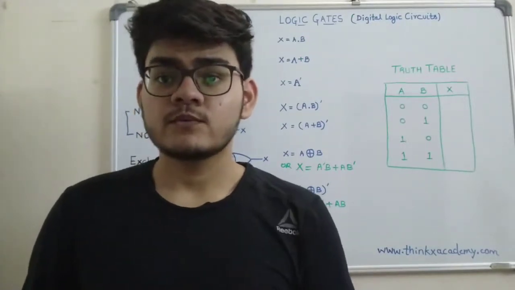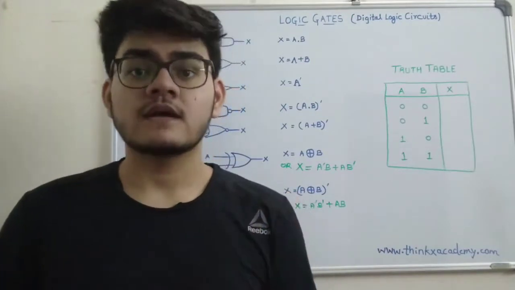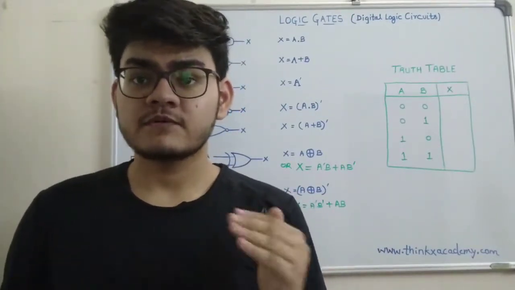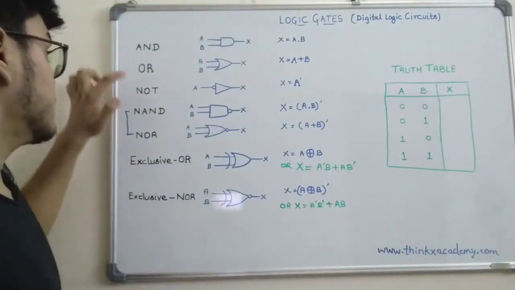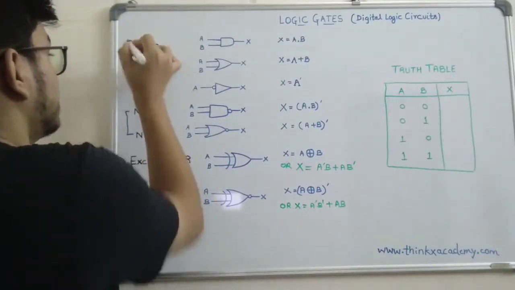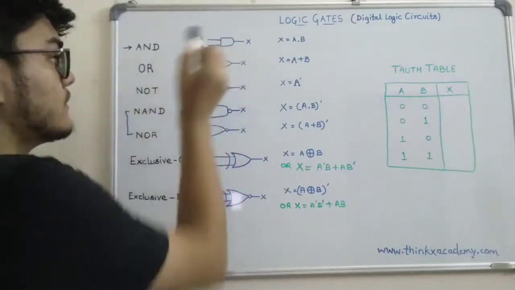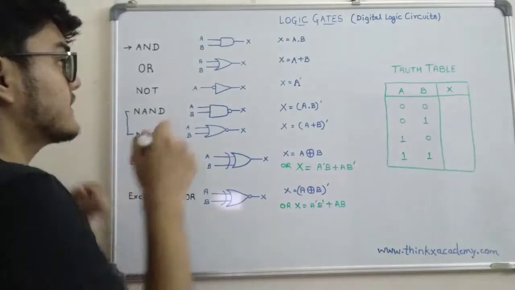So let's move on to the logic gates that we are going to use in this example, and we will also see how they perform various operations. Let's start with the first one, which is the AND logic gate. The representation of the logic gate is like this. A and B are the input signals.